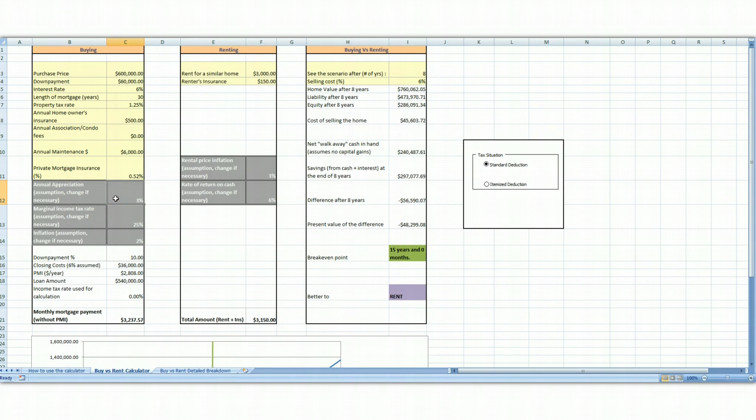as close as possible. And the marginal income tax rate, you should know this from your last year tax return. And I have by default a 2% inflation rate. If you believe it will be super high, feel free to change it. And the other gray cell is the rate of return on cash. This includes that if you didn't buy a house, for example, you would be saving the down payment and your closing cost in some investment vehicle, and that cash will be earning you some income.